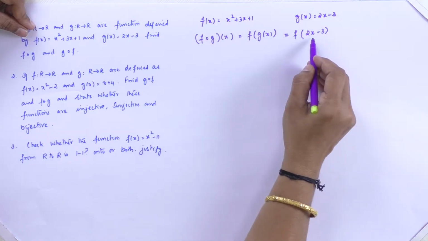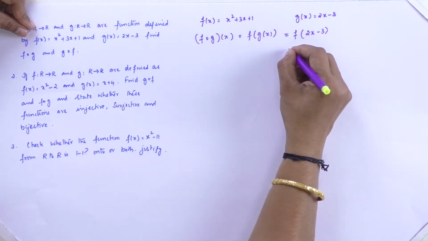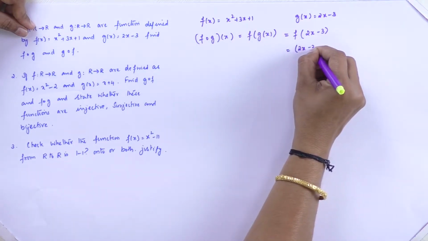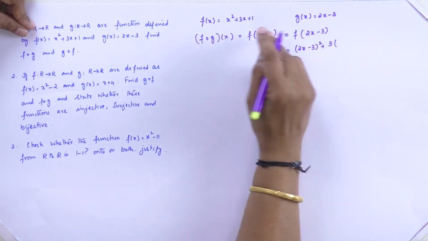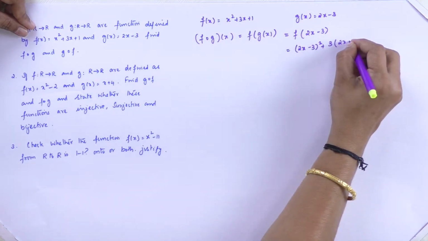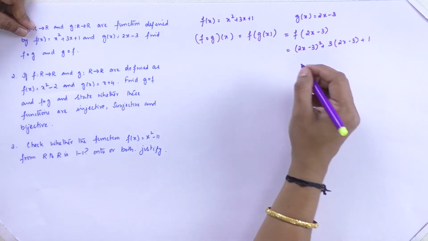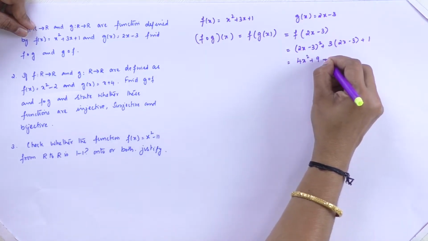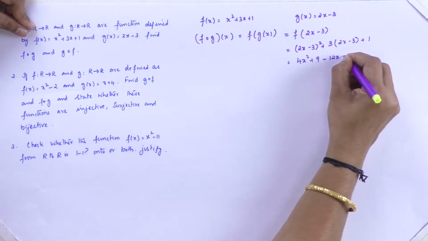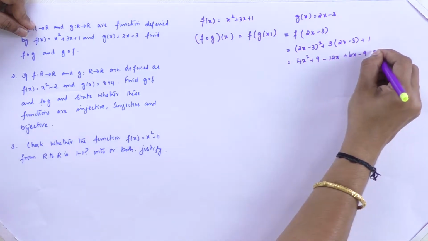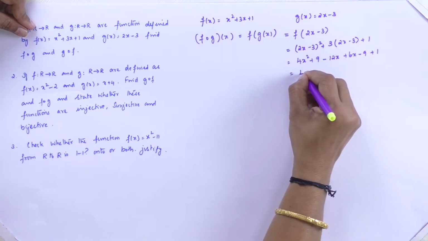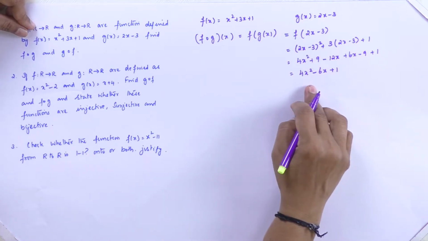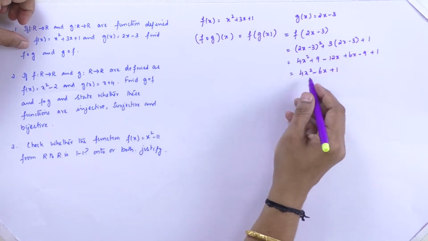In the place of x I have 2x minus 3, so I can substitute that in the place of x: 2x minus 3 the whole square plus 3 times 2x minus 3 plus 1, which is equal to 4x square plus 9 minus 12x plus 6x minus 9 plus 1. So that is 4x square minus 6x plus 1 will be the composition, right? f composition g will be this.